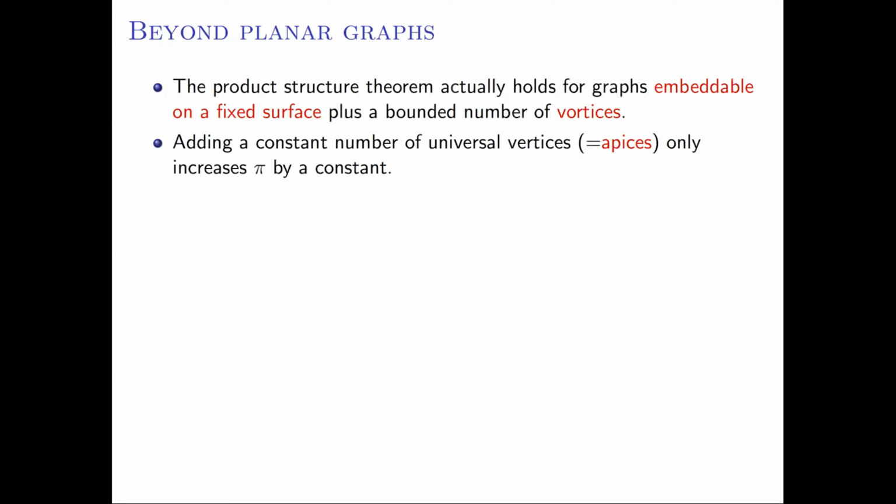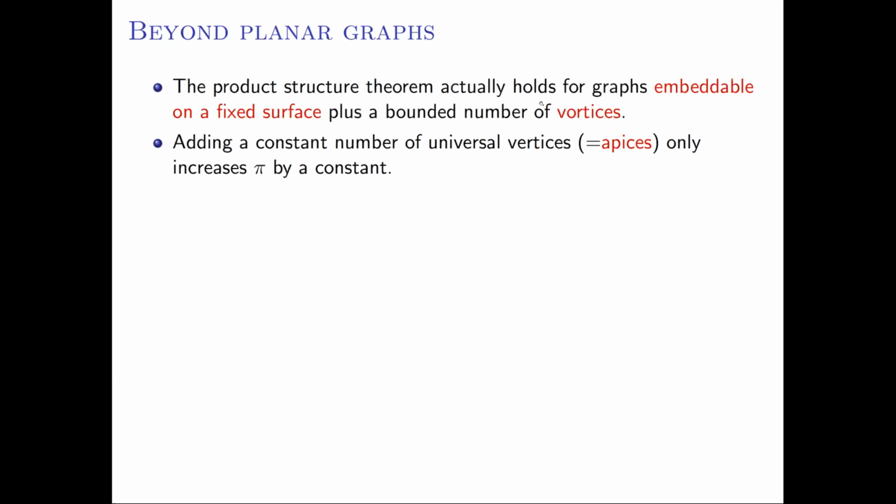Now the remark is that if you add a single vertex to a graph of bounded non-repetitive chromatic number, a vertex with any neighborhood, then you only increase pi by a constant, by 1. You add one vertex, you just add 1 to pi, because you can just take a new color for this vertex. So if you add a constant number of vertices with an arbitrary neighborhood, you only increase pi by a constant.